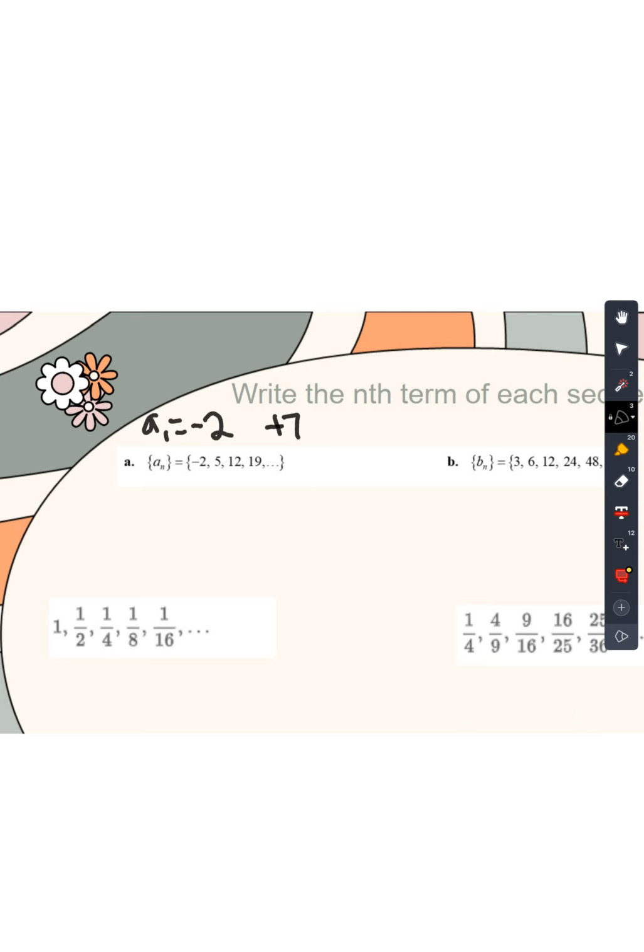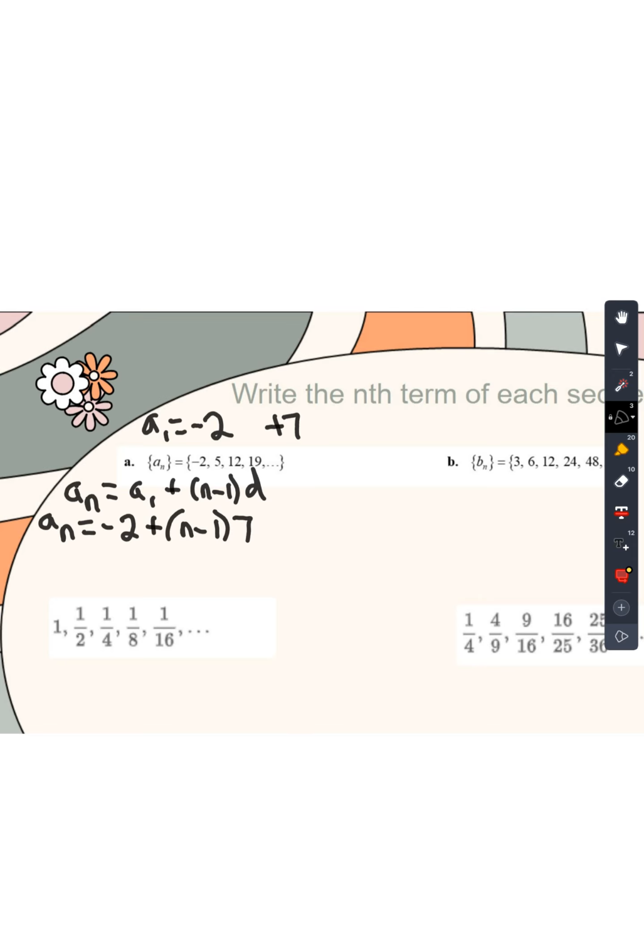And that's helpful because we don't have to then find kind of the rule by ourselves. We can use that rule that I gave earlier. So remember that that was the a sub n equals a sub 1 plus n minus 1 times b. So our a sub 1 we said was -2. Remember that our n is acting as our variable, so it's going to stay in there.